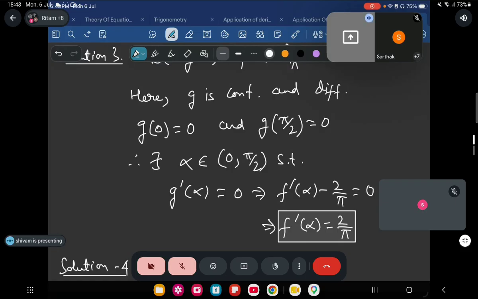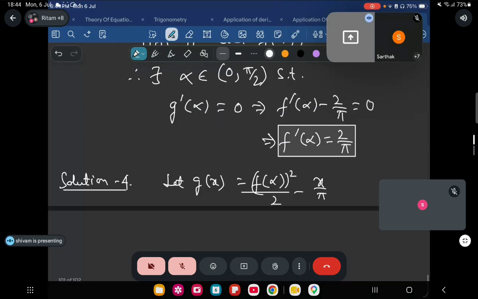This is number 4. Let g of x be equal to f of alpha whole square by 2 minus x by pi.